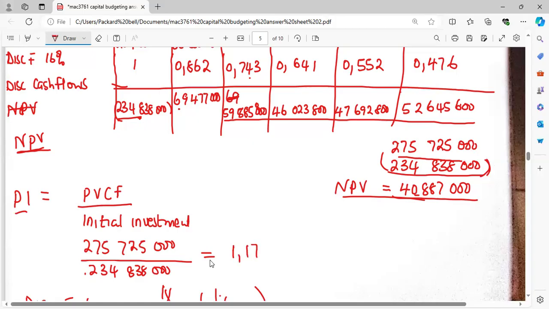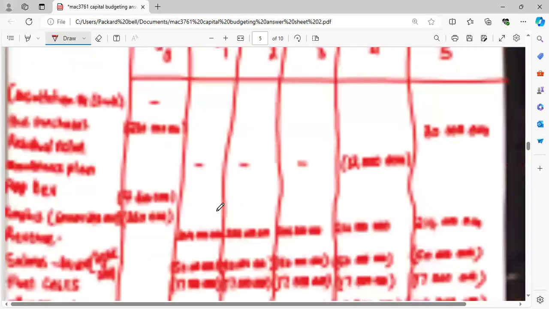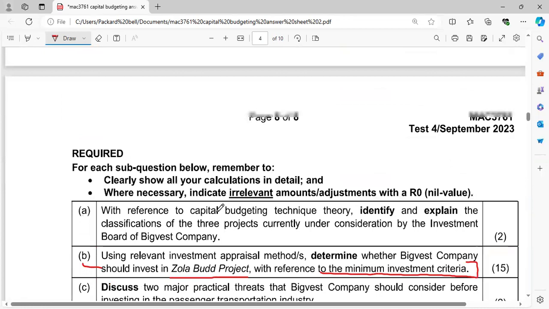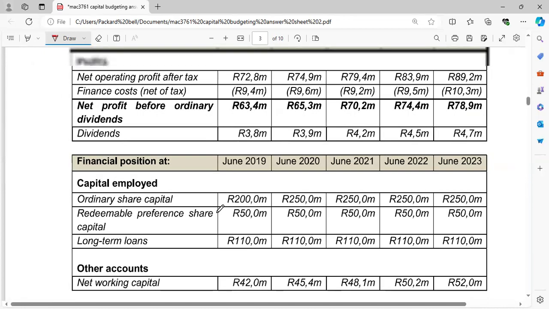That is our profitability index. So if this is our profitability index, then as compared to what these guys say is the minimum criteria, if we use the profitability index, then it means they should invest in the project.